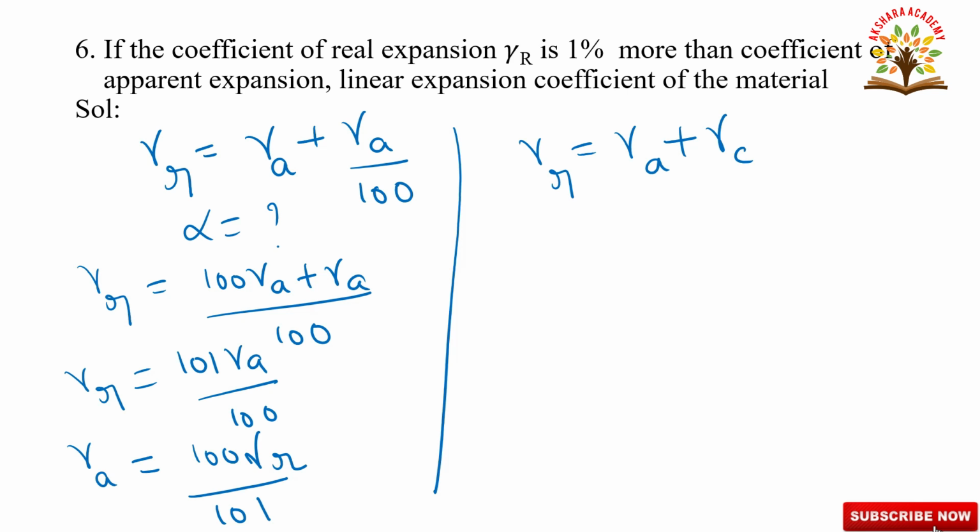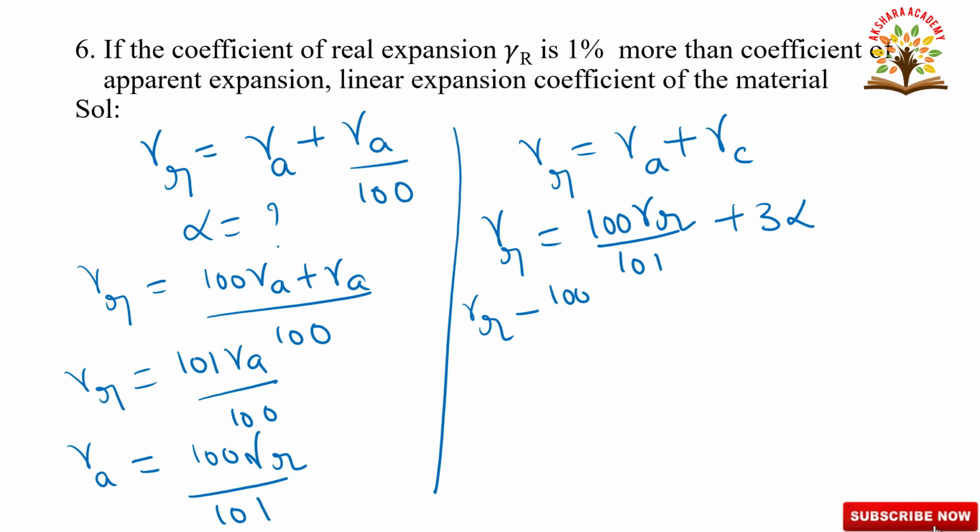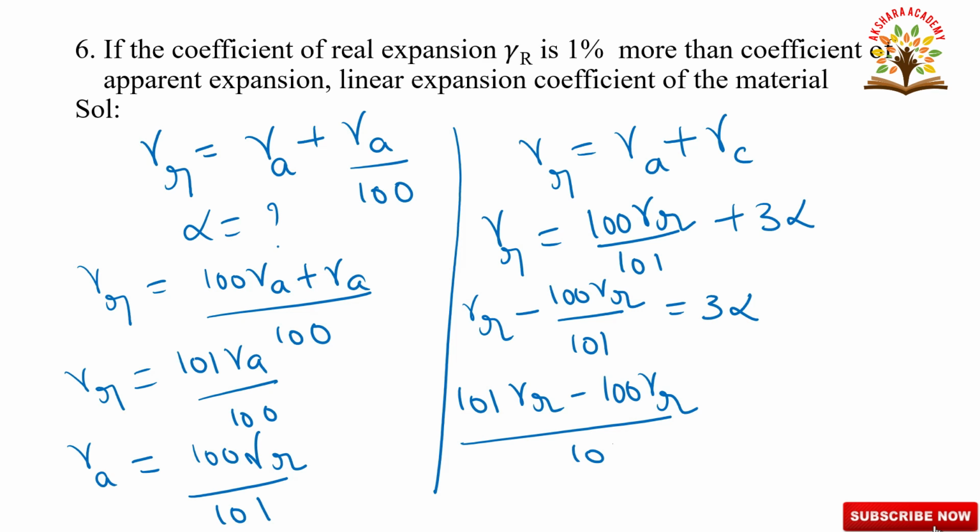So substituting this value in the equation gamma R is equal to gamma A plus gamma C, gamma R is equal to 100 gamma R by 101 plus gamma C, where gamma C is equal to 3 alpha. That is gamma R minus 100 gamma R by 101 is equal to 3 alpha. Taking LCM, (101 gamma R minus 100 gamma R) by 101 is equal to 3 alpha.